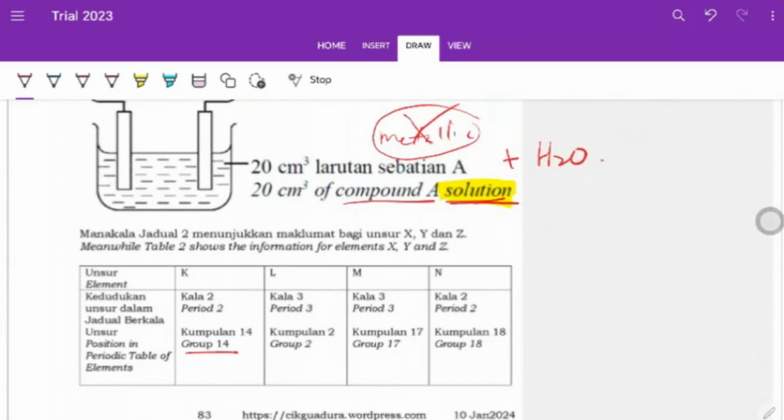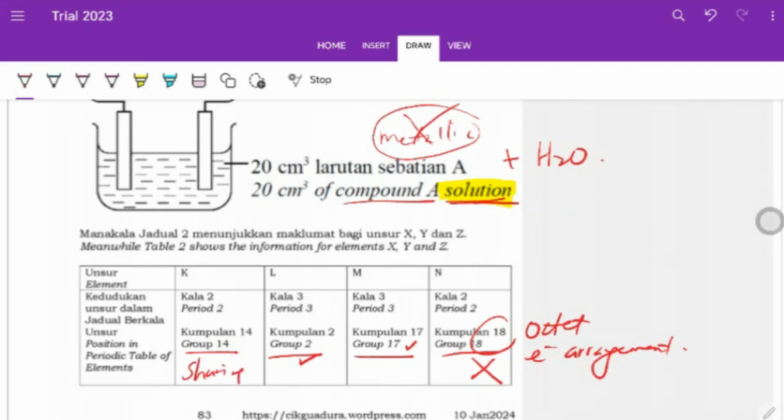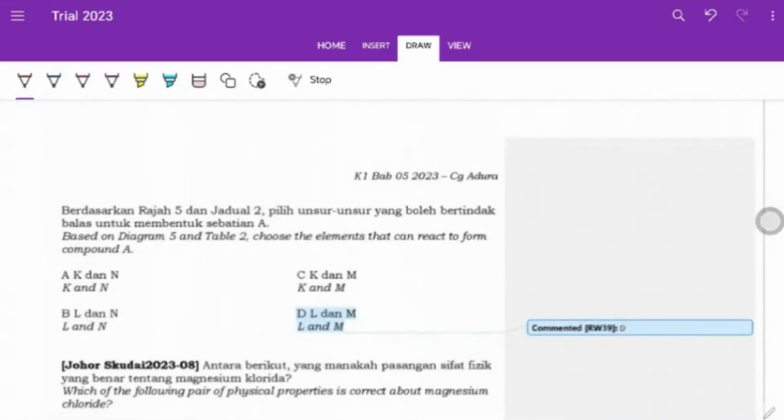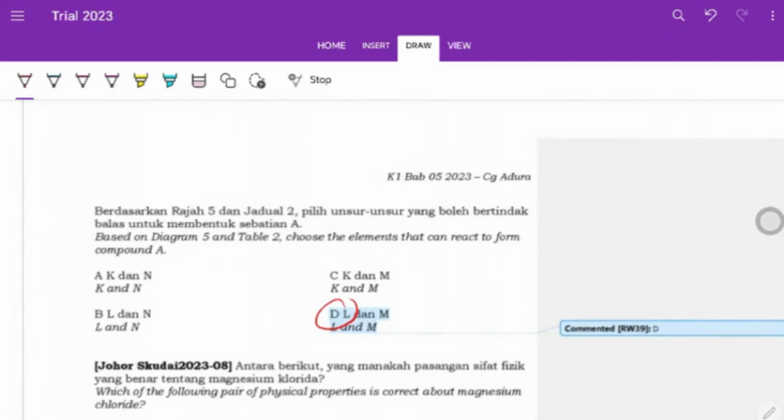Group 14, non-metal; group 2, group 17, group 18. Group 18 is not possible, because it has an octet electron arrangement already, so they never react. Group 17 and group 2 are possible. Group 14 is normally for sharing electrons. So L and M will form the ionic compound.